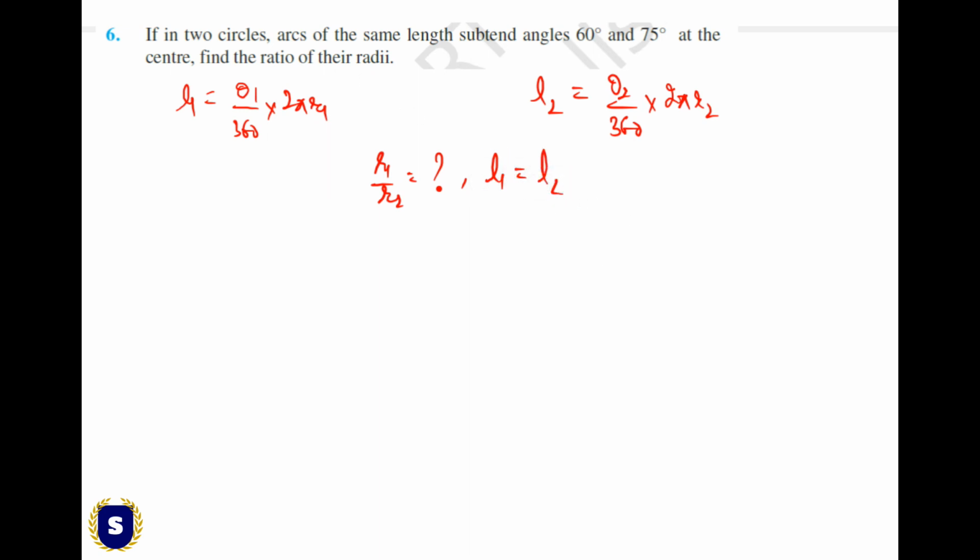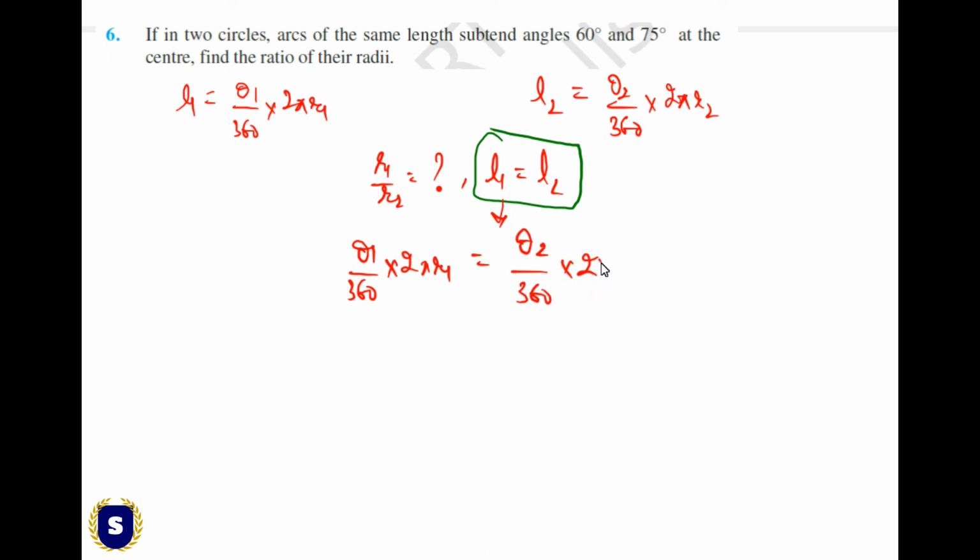So let's make use of this. Substituting the values of L1 and L2, we get theta 1 by 360 into 2 pi r1 is equal to theta 2 by 360 into 2 pi r2.